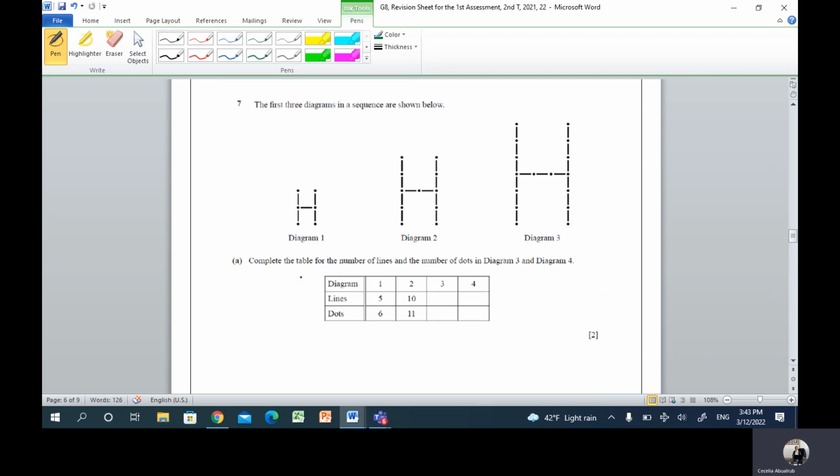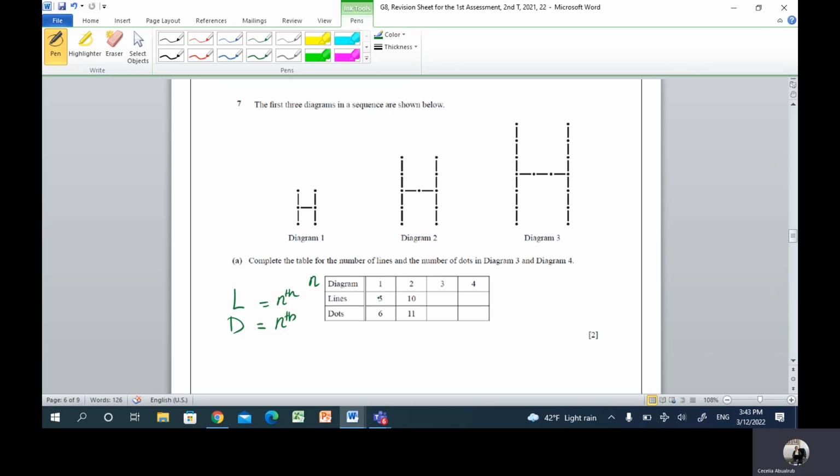The first row shows the number of the diagram, 1, 2, 3, 4, 5, which in other words represents the n. And then we need to write the nth term for lines and the nth term for dots. We can say this is L for lines and this is D for dots.